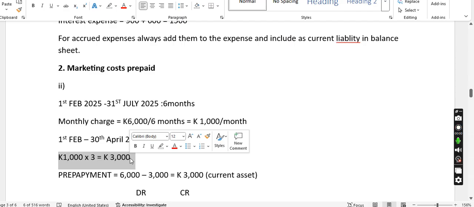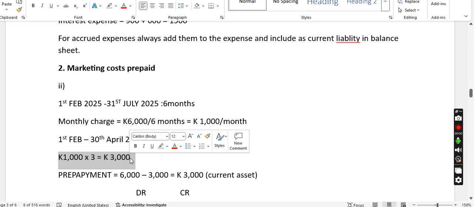Now for the remaining 3 months, that's going to be a prepayment, because remember we paid in February for 6 months, so only 3 months have been used. When you pay for something in advance, that is called a prepayment.